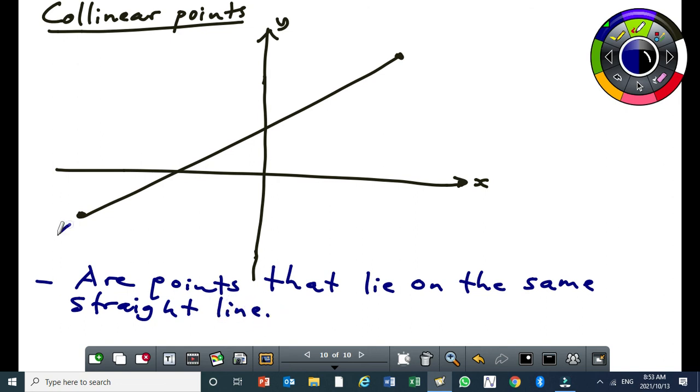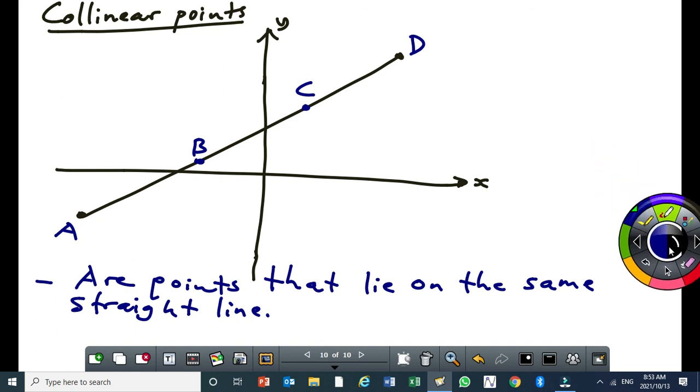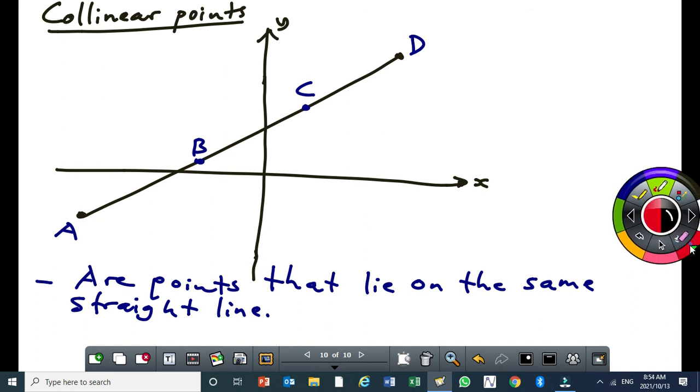Okay, so if I have point A here, I put point B there, maybe point C, and then D. If those 4 points are collinear, what that means is that MAD will be equal to MAB, will also be equal to MBC, and that will be equal to MCD.